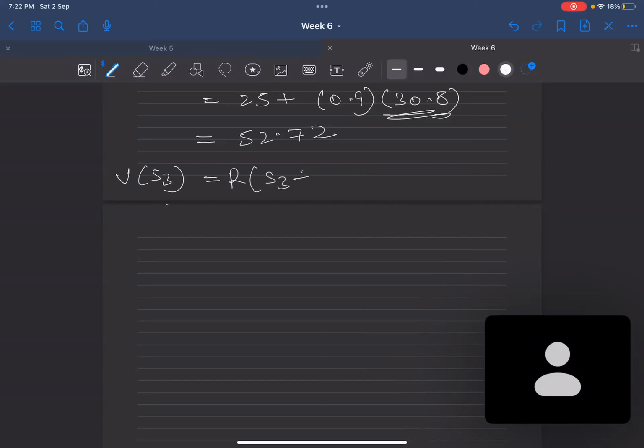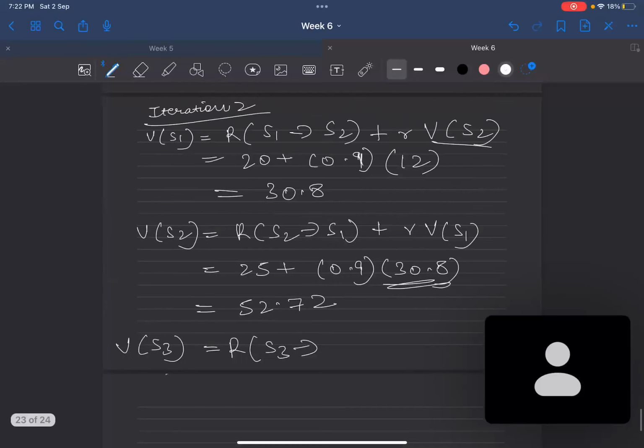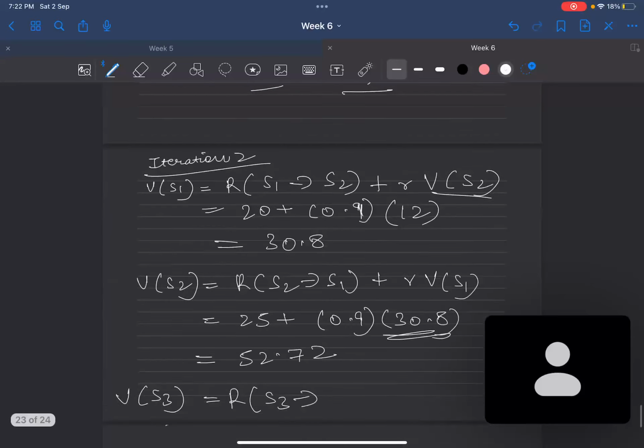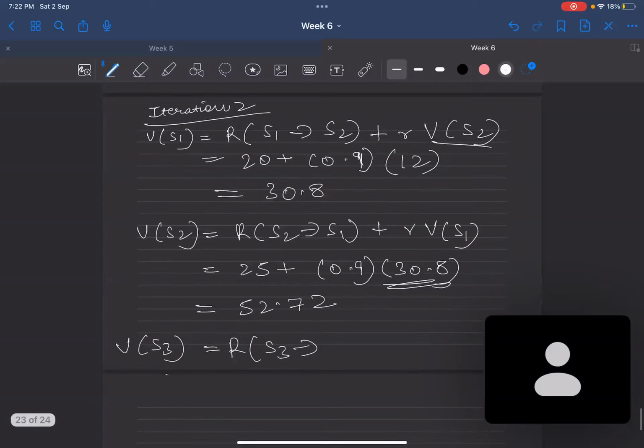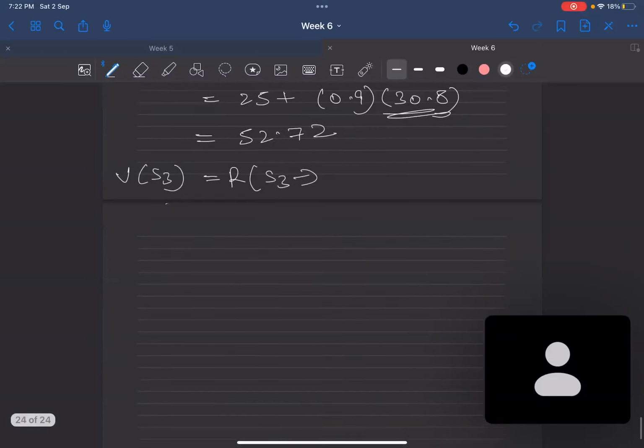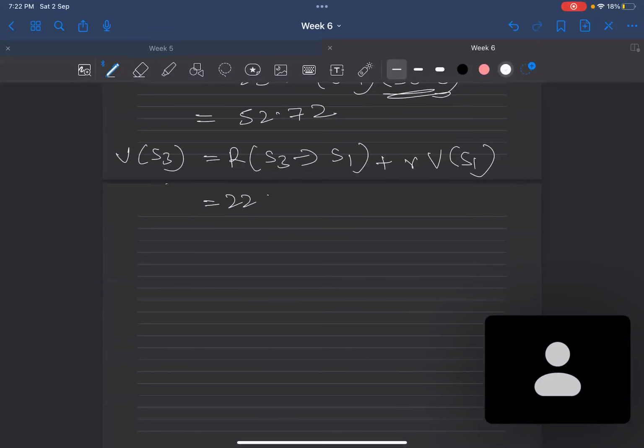Now where do we have to go? S3 to S1. That is what we discovered. Plus gamma V of S1. As we are following the asynchronous update, again 30.8. Yeah, 30.8. So that gives 49.72.